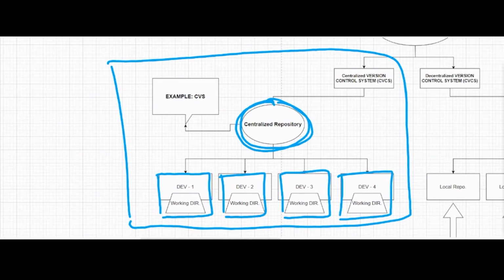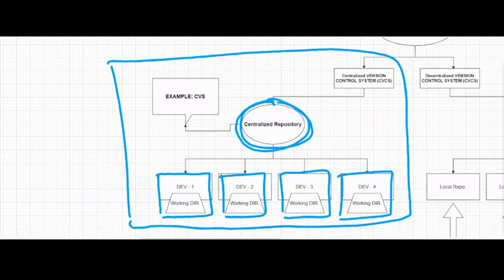Let's see what the centralized version control system is with an example. Let's say a company is making a website like Flipkart. They would need a registration page, a login page, a home page, and a payment page.